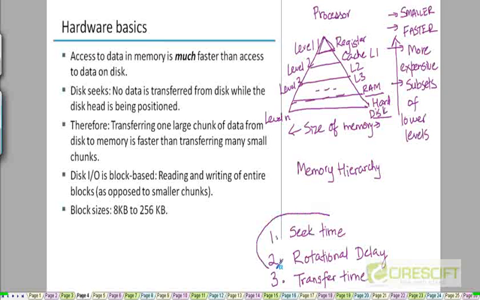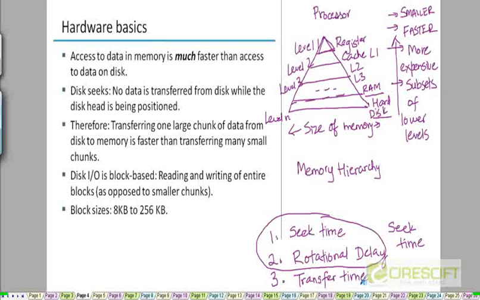Now we are going to collapse these two generically into seek time in this chapter, but remember that seek time is really the time it takes to do a disk seek plus an additional rotational delay. And sometimes the rotational delay could even be larger than the actual time it takes to seek. And note that these times are governed by mechanical constraints, right?